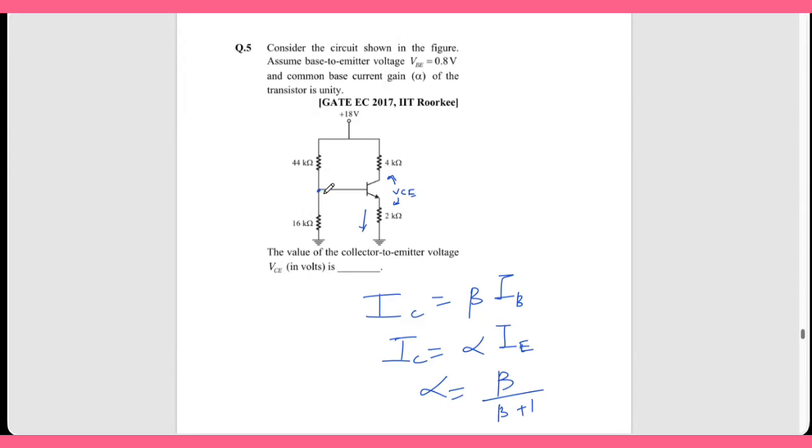This voltage is 16 divided by 16 plus 44 into 18. 16 plus 44 is 60. 18 by 60 is 0.3. 0.3 into 16 is 4.8. 4.8 volts is this voltage.